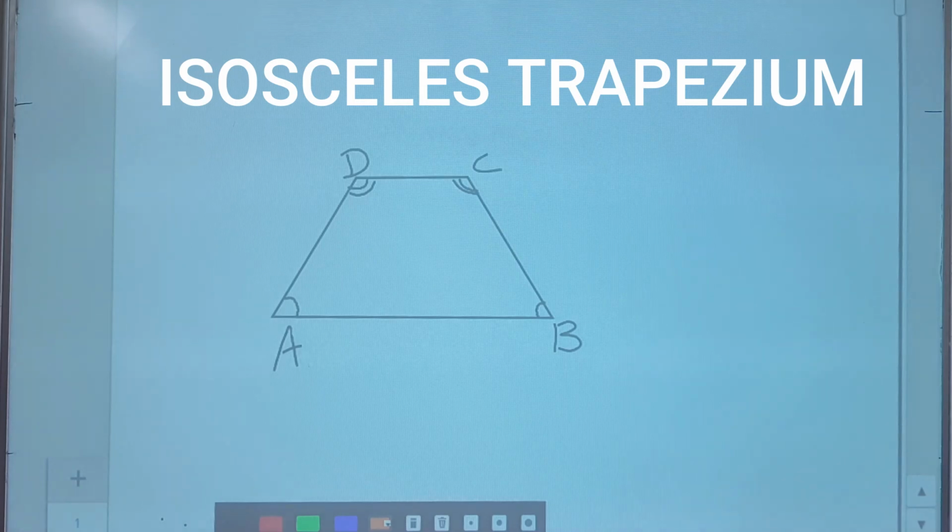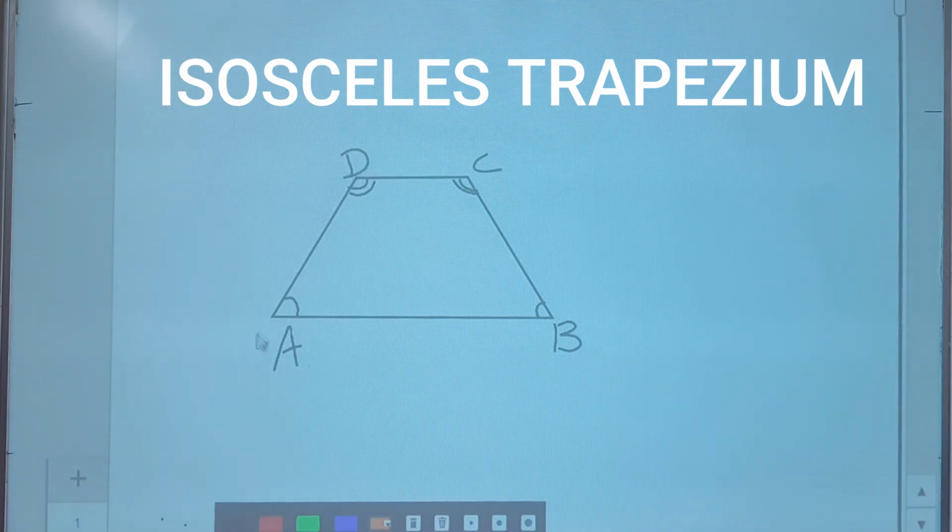Then sum of angles on each of non-parallel sides is 180. That means which are the non-parallel sides? This and this are non-parallel sides, right? Sum of angles on each of non-parallel sides, if you add angle A and angle D, you will get 180. Here C plus B also you will get 180 degree. That means these two are parallel sides.